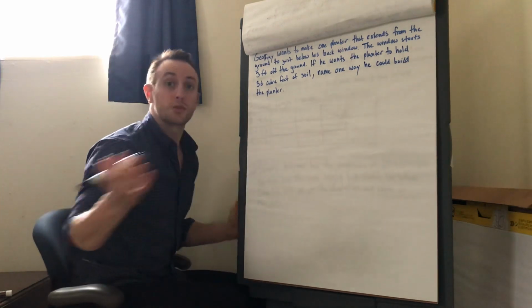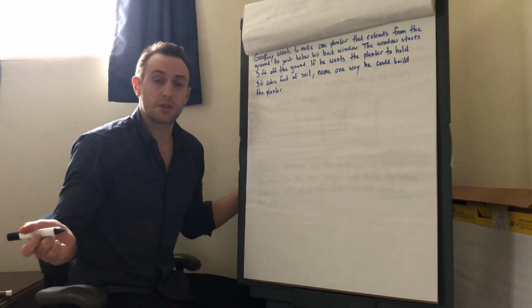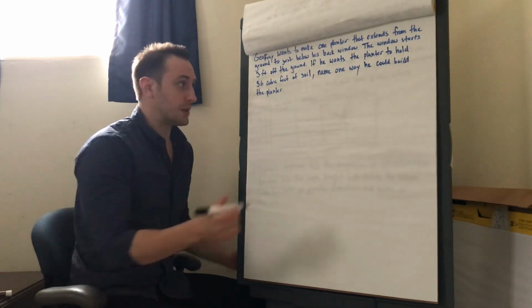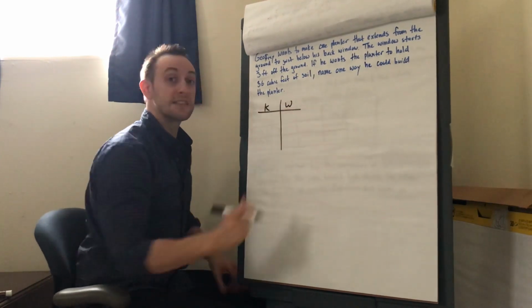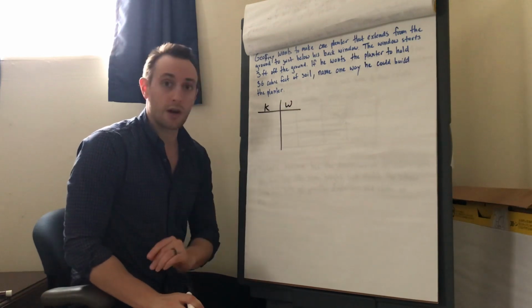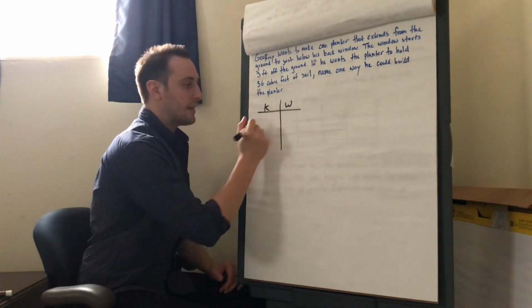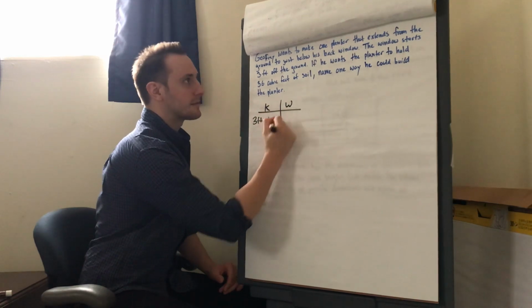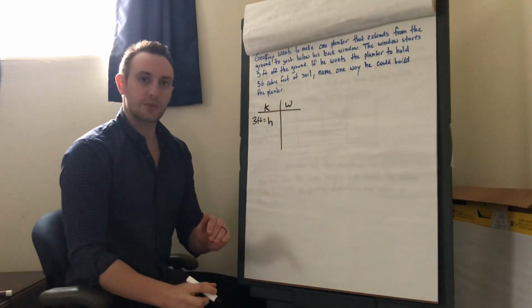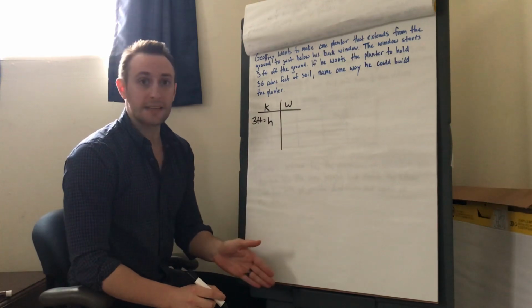Okay, so let's go ahead and draw this, right? I'm going to simplify our KW chart now, because we know that we have 3 feet is the height, okay? Because it starts 3 feet off the ground, so we know the height.